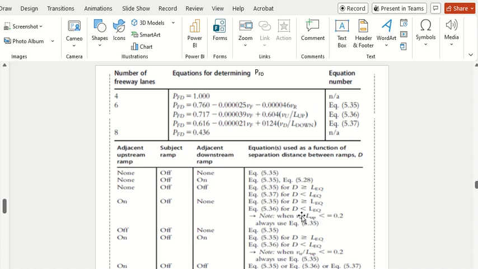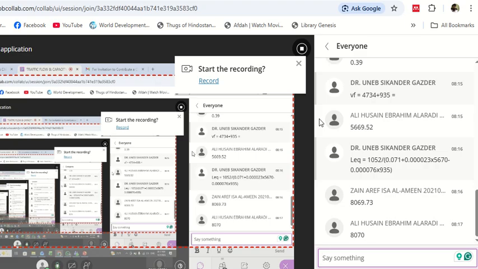So LEQ is higher, D is lower. I will use equation 5.36. This is equation 5.36.